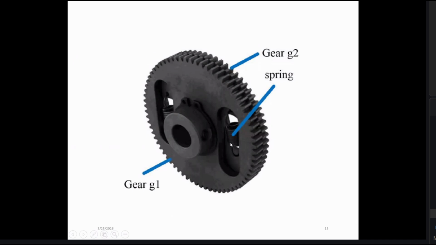So all are under tension, as you can see. So it will avoid the backlash. The backlash will be zero, right? These are the anti-backlash gears. These are very much important, but they cannot transmit huge power, but the error will be zero, right? And also we can allow slight variations in the center distances as well.